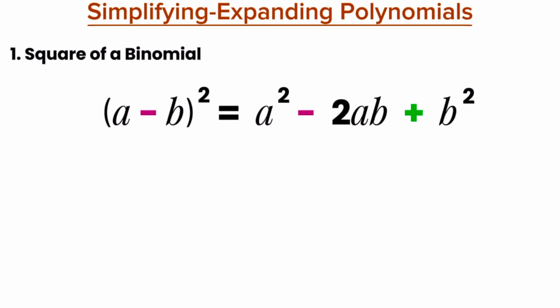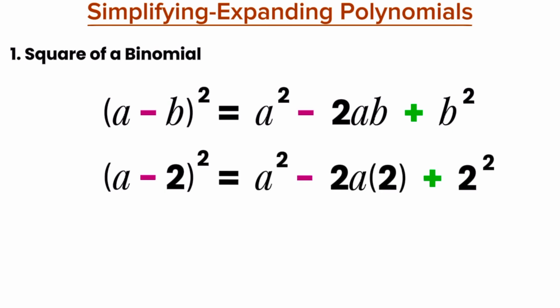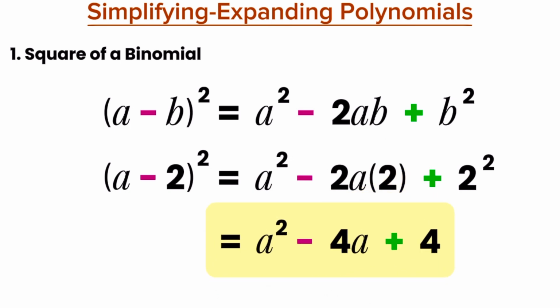So in this case, we will now expand a minus 2 squared and do the exact same thing by putting it into the formula. A minus 2 squared is equal to a squared minus 2 times a times 2 plus 2 squared. And therefore the answer is a squared minus 4a plus 4. Nice and easy with the simple change of sign.